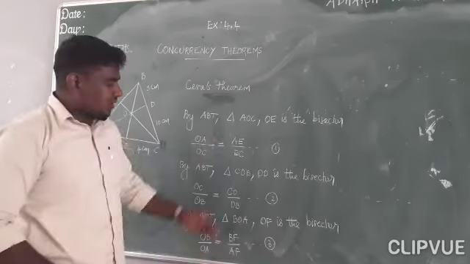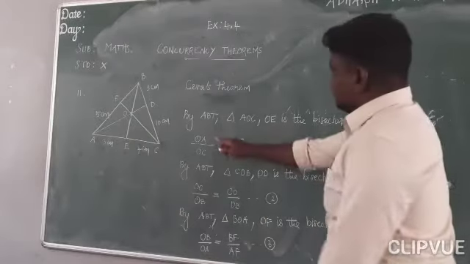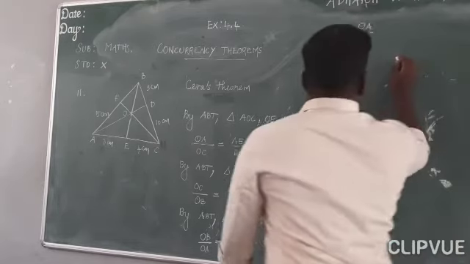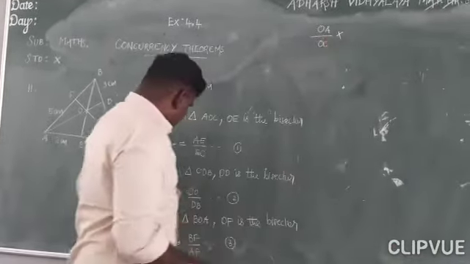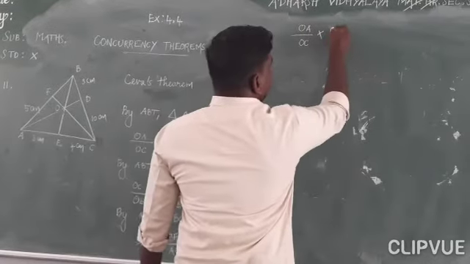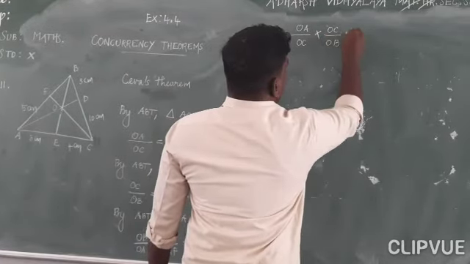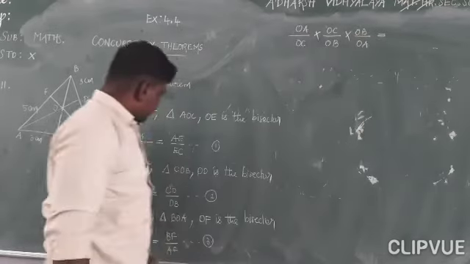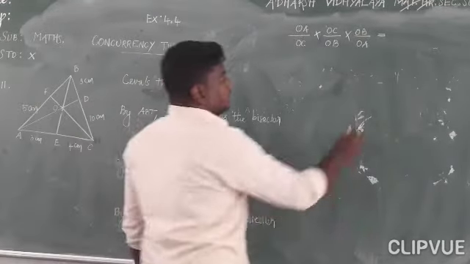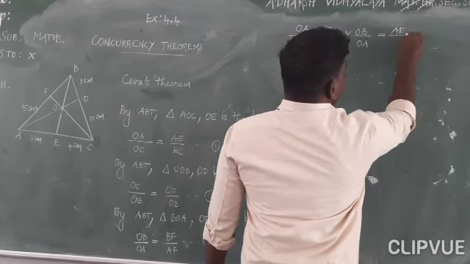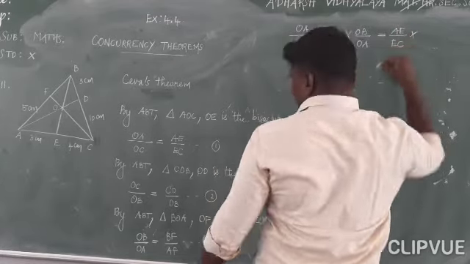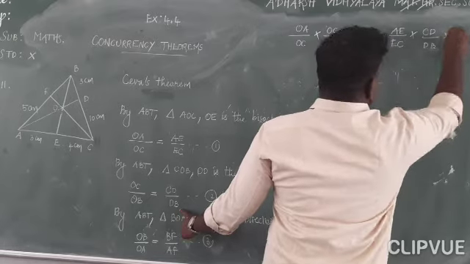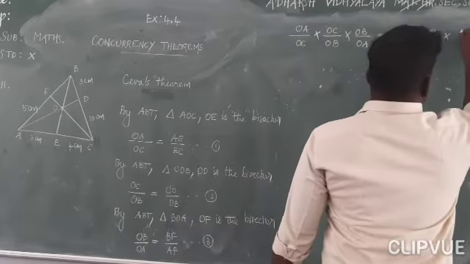Okay. So now I am going to multiply them. OA by OC into OC by OB into OB by OA is equal to the right hand side AE by EC into CD by DB into BF by AF.